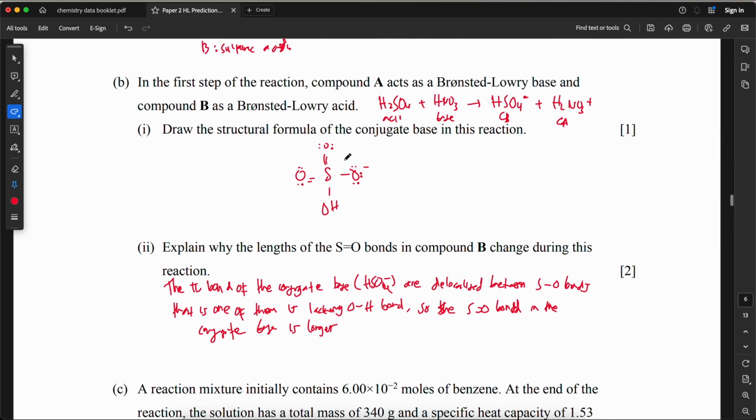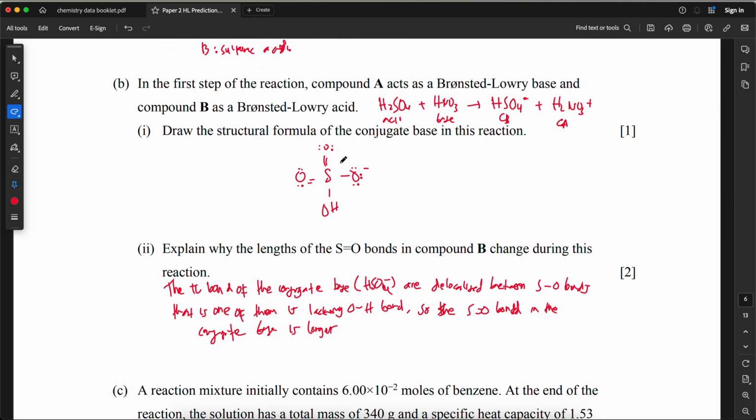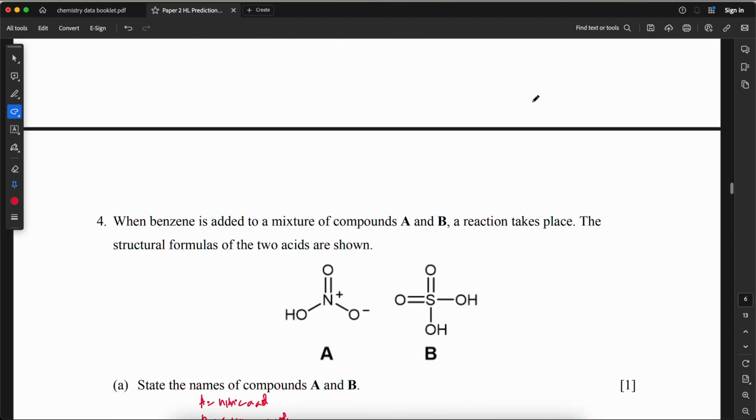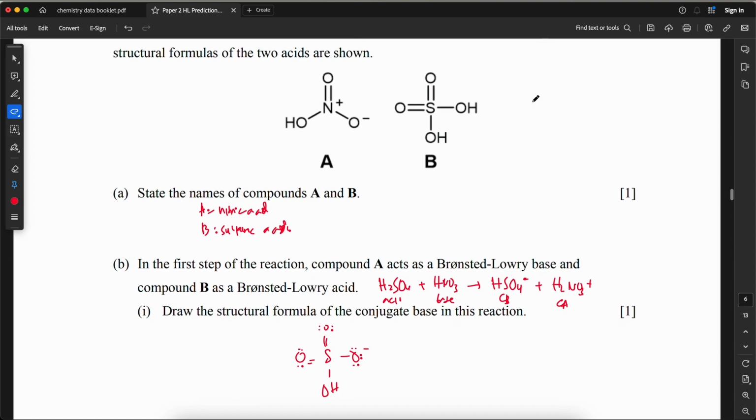If we compare HSO4 minus and H2SO4, let's compare this structure and this structure. Each S double bond O in H2SO4, there are two, consists of a sigma and a pi bond, right? One sigma and one pi bond.